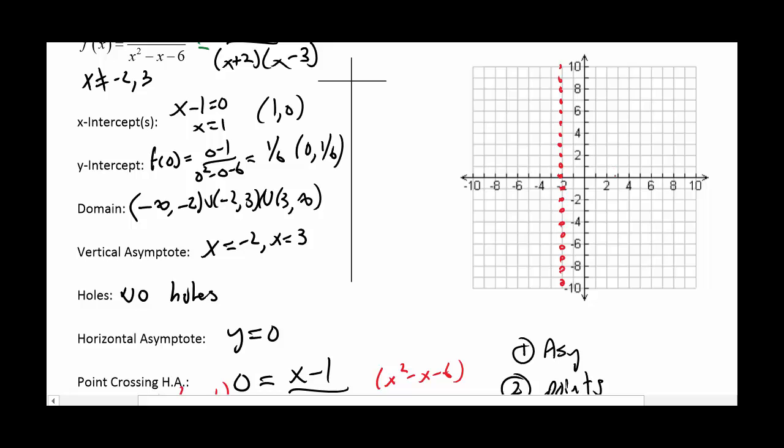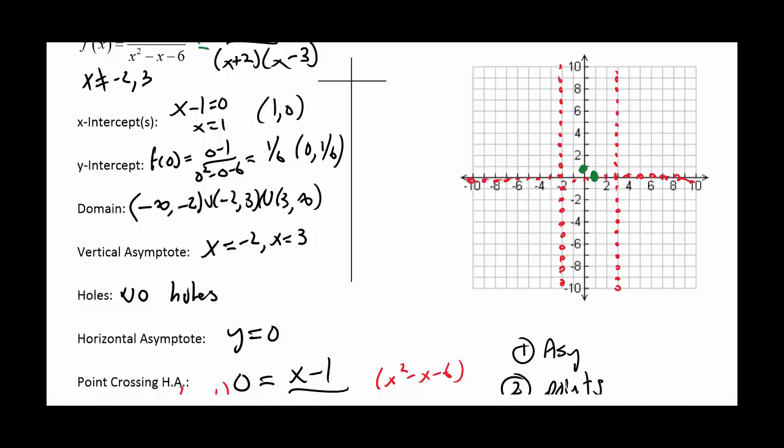Then we have another one at 3. And I have an HA at 0. Okay, I got a couple of ordered pairs to plot. I got (1, 0), so it does cross. We already knew that. And I got (0, 1/6), so it goes up there.